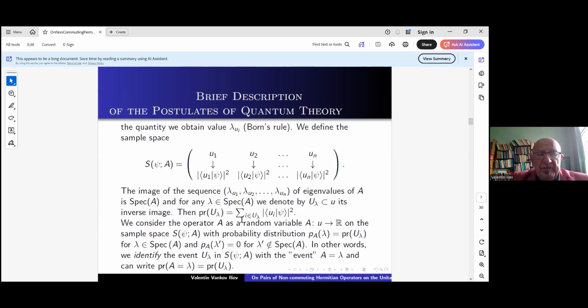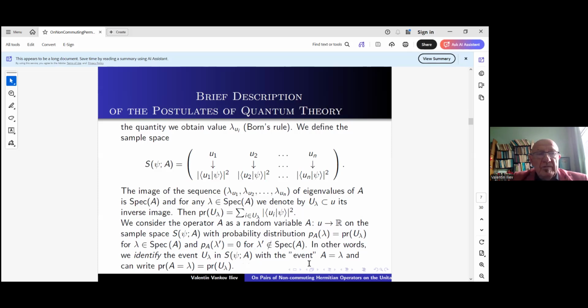Then the probability of this U lambda is just the sum of all those coefficients with indices in U lambda. We consider this operator also as a random variable on the sample space, with this probability distribution. Here it is written, this probability distribution.